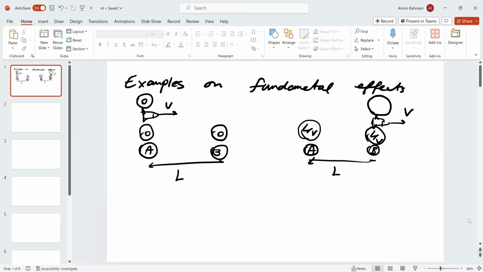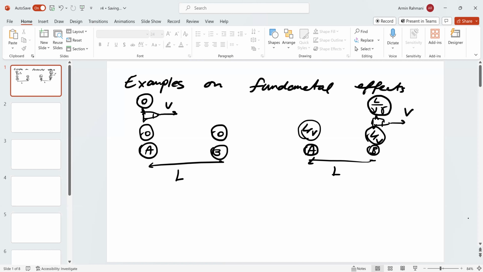So more time has passed, right, in the frame of the planet. So this should read L over v over gamma. Okay. But that's all reasonable. So this is a simple scenario.